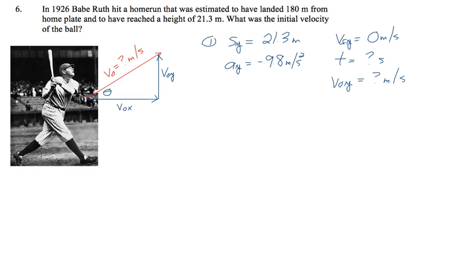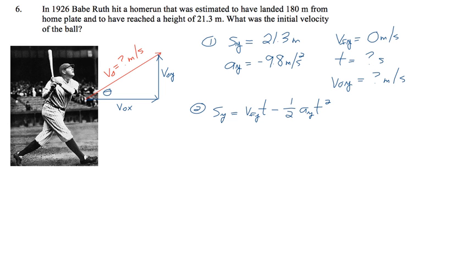Step 2 is to pick the correct equation. Since we're going to solve for the time first, I'm going to pick the equation that doesn't have the original velocity. So I'm going to use Sy equals VFY t minus 1/2 AY t squared. So that's step 2.